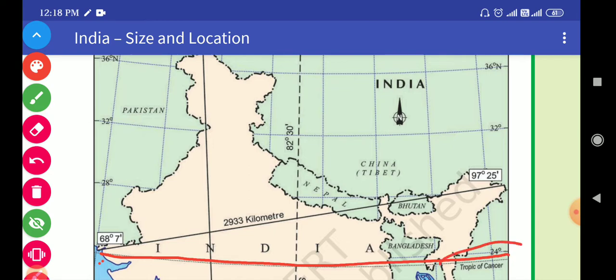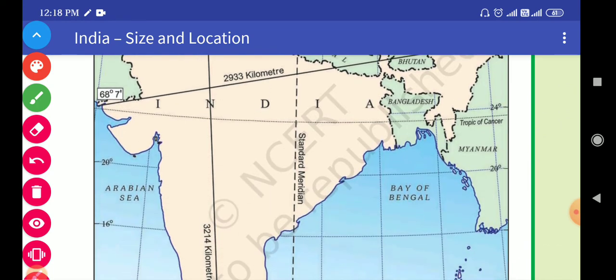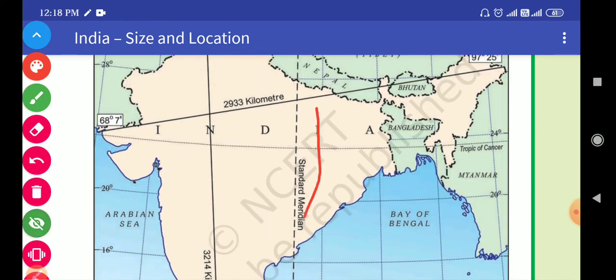Here its name is written, Tropic of Cancer. So Tropic of Cancer divides India into two equal halves. This is North India, and this is South India.